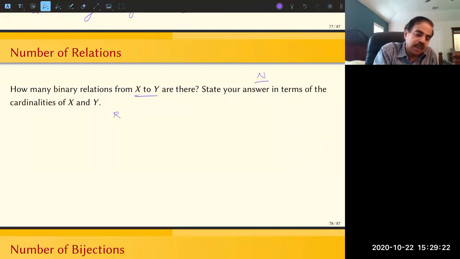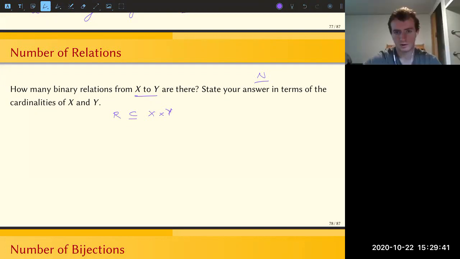A relation is a subset of the Cartesian product of X and Y, right? Okay, Owen. So would the number of relations just be the number of possible subsets, which would be the cardinality of the power set of X cross Y?